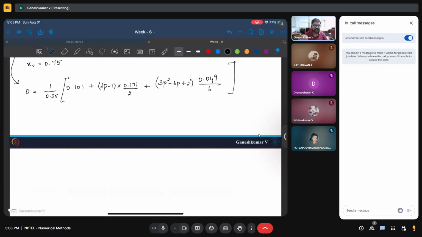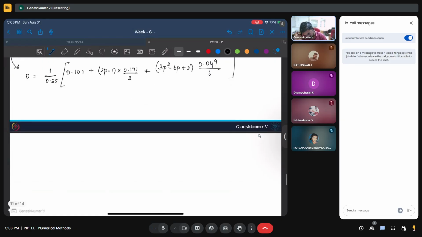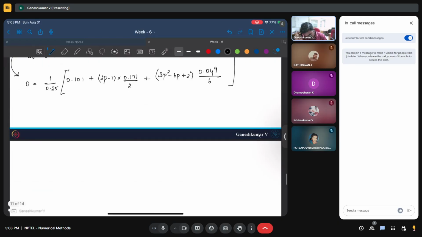I mean, the problem in the sense that it has simplified our job. That's the thing. All right, let's simplify this further. So this is 0.171 divided by 2 is 0.25, 0.101 plus 2p minus 1, 0.0855 plus 3p square minus 6p plus 2 into 0.049 divided by 6, 0.00817.